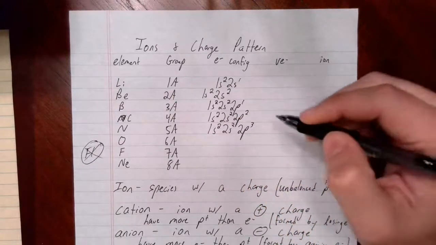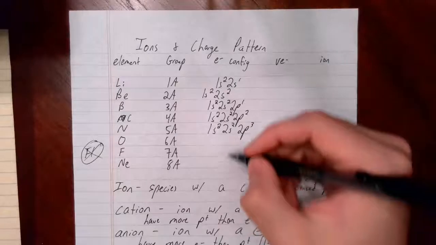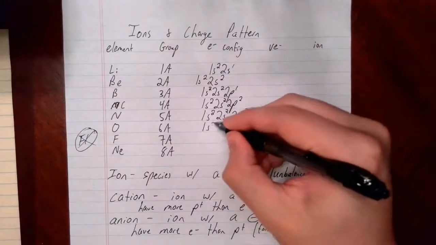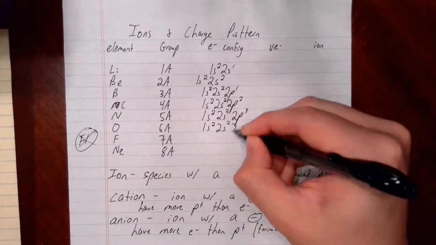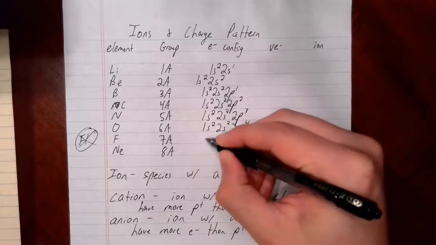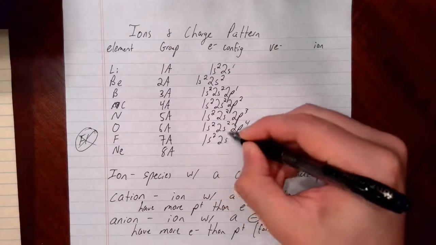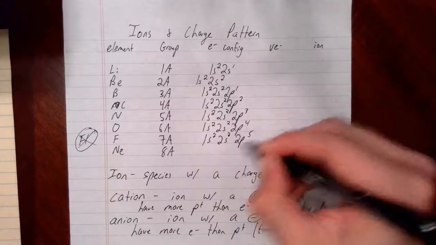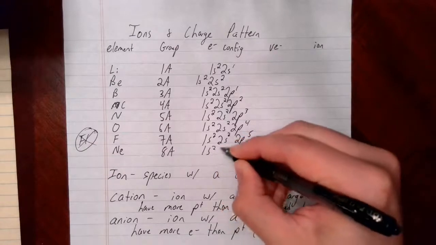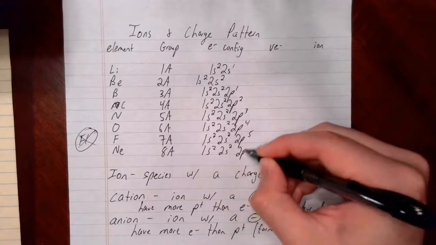Hopefully you see as you go across the period you just add one electron each time. So oxygen is 1s2, 2s2, 2p4, fluorine is 1s2, 2s2, 2p5, and neon is 1s2, 2s2, 2p6.